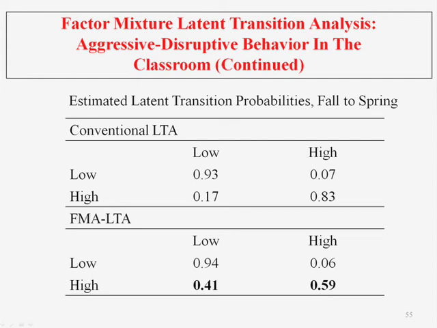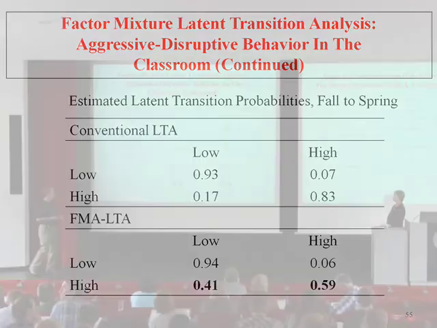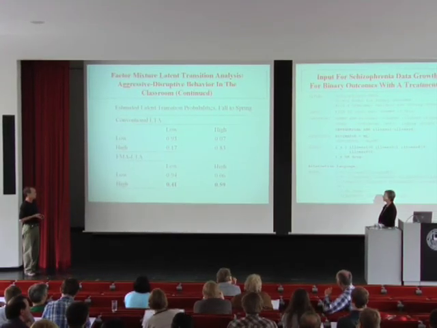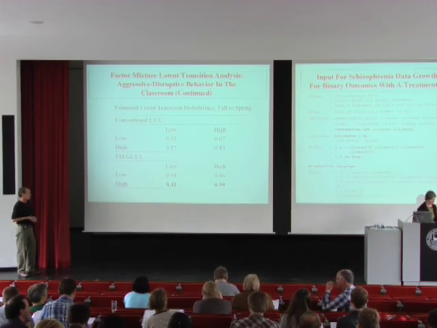The factor explains what we saw in the conventional LTA, that if you are in class I, you stay in class I. If you control for the factor, you have equality of chance to be in the two groups. Can we say that? Could you put up slide 52, please? 52 also? Sure.